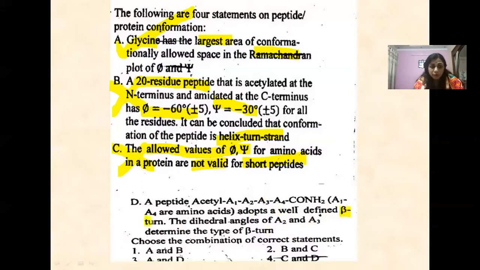What is that? Beta turn. The dihedral angles of A2 and A3, out of the 4 amino acids, tell us that the structure can be a beta turn.